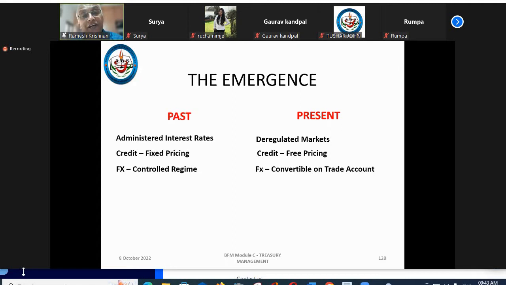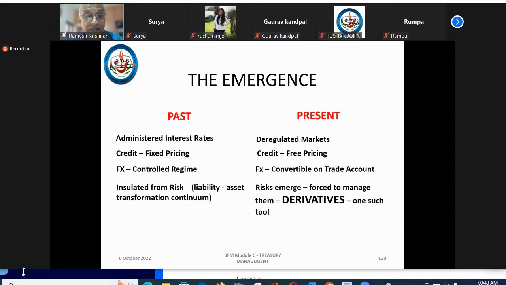Now it is the Foreign Exchange Management Act since 1999, FEMA 99. We have gone from Foreign Exchange Regulation to Foreign Exchange Management Act. So convertibility has also come in, full convertibility on trade account. On capital account, there is restricted convertibility. So all this is facilitating free flow of currency as well as views on interest rates between different markets.